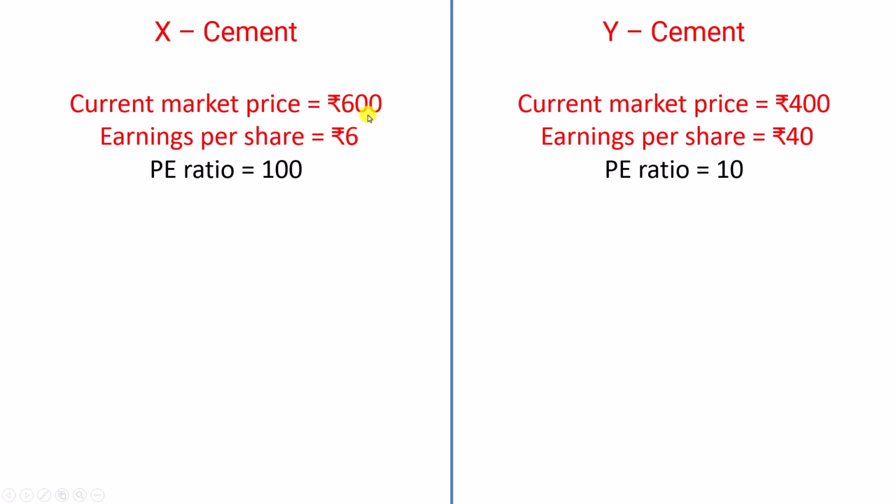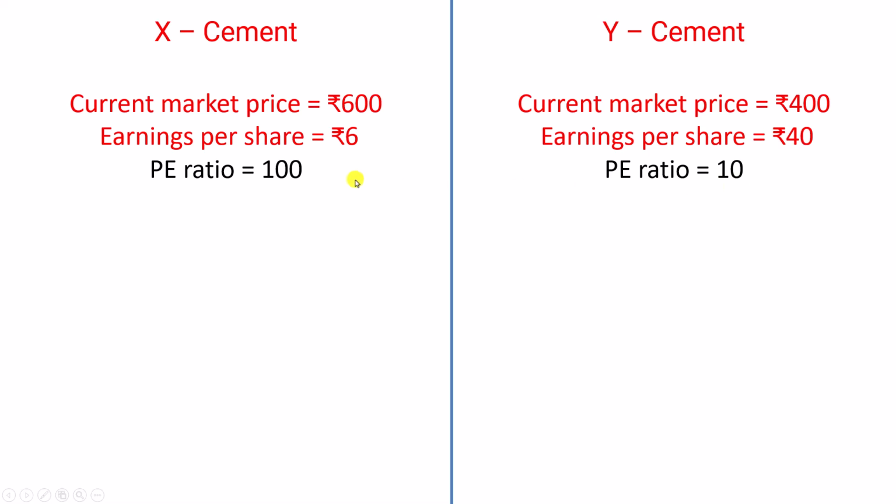Correct? Yes. So, since PE ratio depends on current market price, this is how much people are willing to pay to earn 1 rupees. So, 100 and 10.